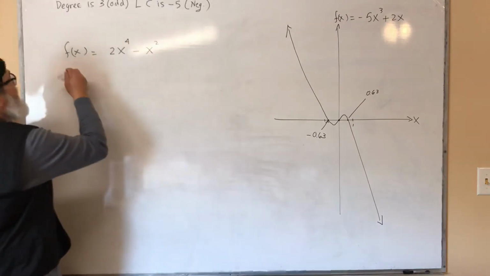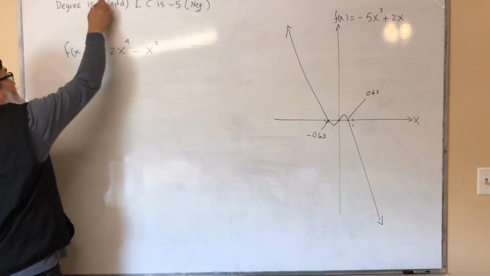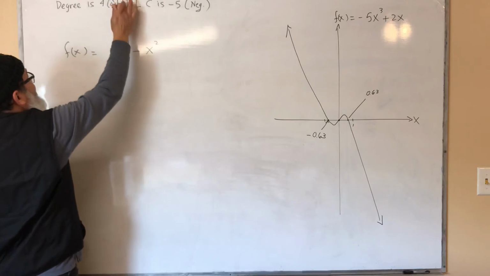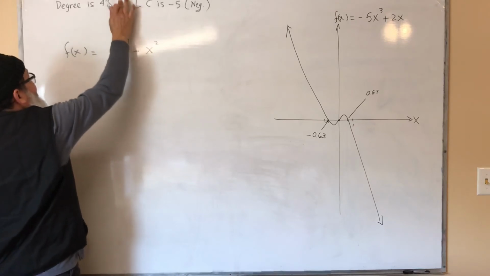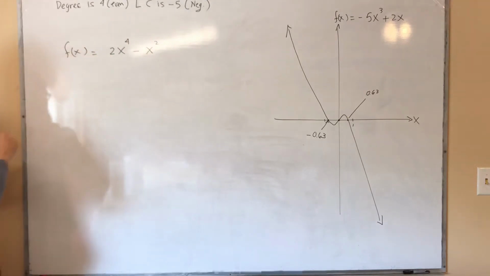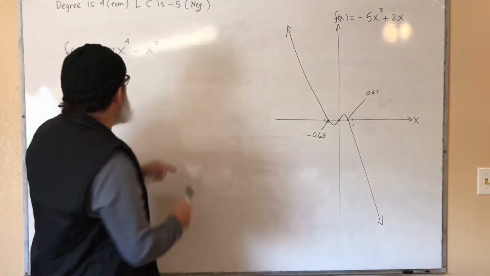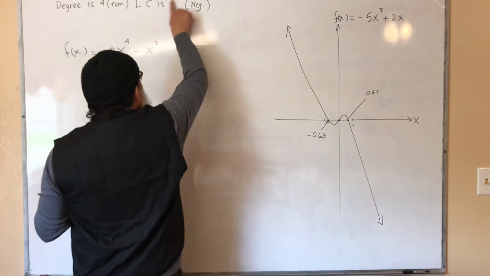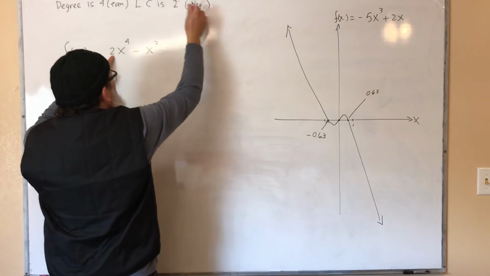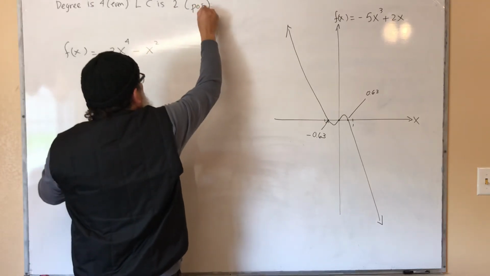What's the degree for this? It's 4. Even. What's the leading coefficient? The leading coefficient is 2. Positive.